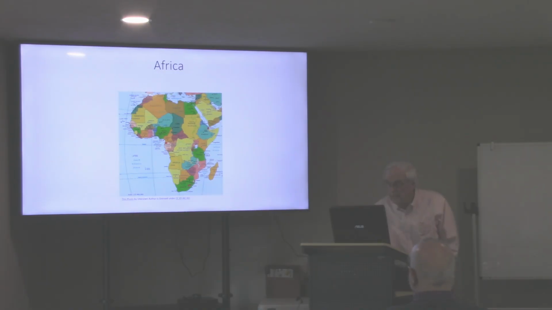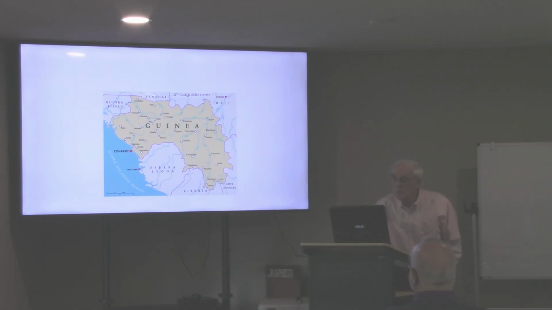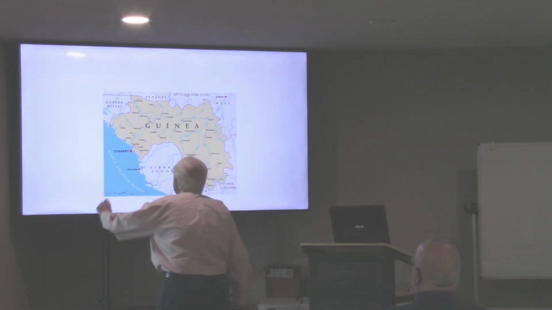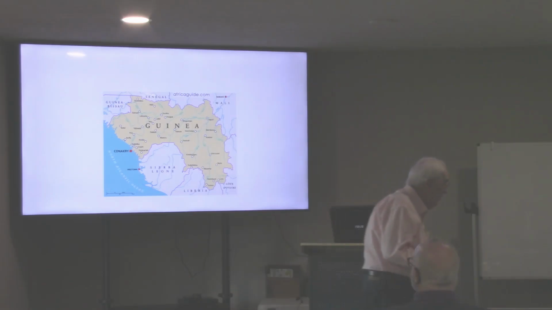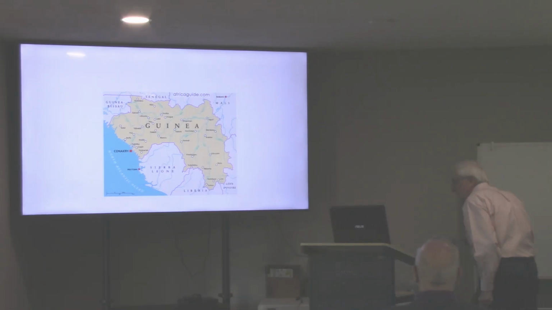And in Guinea, you can see Conakry. Conakry is where the plant was, and we gave them a plant. And this plant made some of the samples of things that we made there.